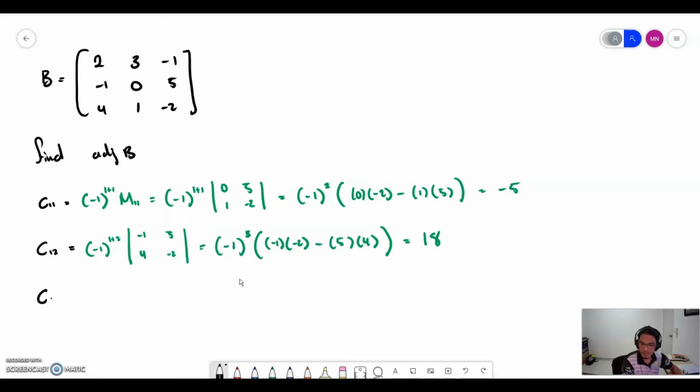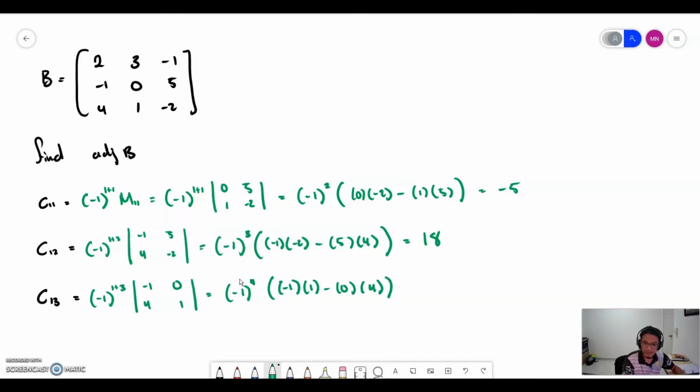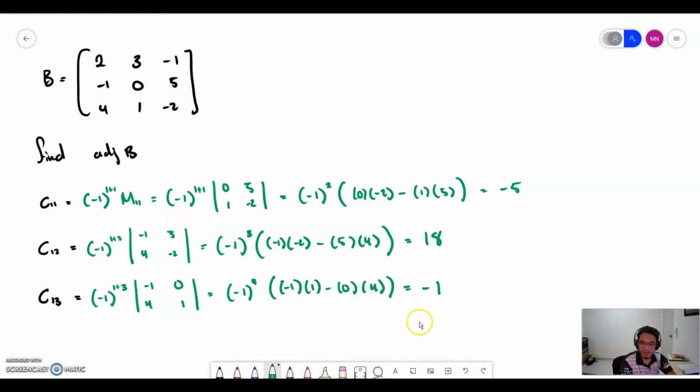Then C13 is -1 to the power of 1 plus 3, and the minor is -1, 0, 4, 1. So -1 to the power of 4, times negative 1 multiplied by 1, minus 0 multiplied by 4. That will be negative 1 for our cofactor at position 1, 3.